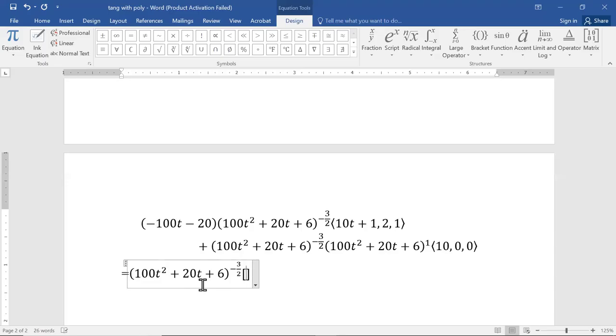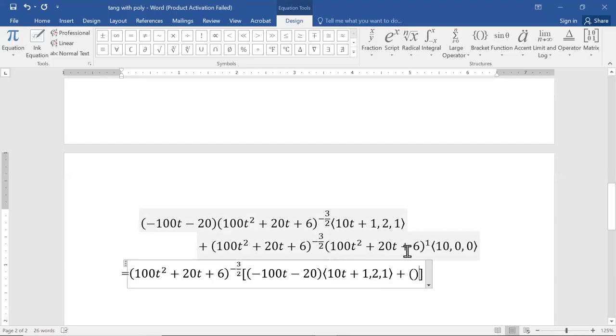What I'm left with is negative 100t minus 20 times this vector, plus 100t squared plus 20t plus 6 times this vector.